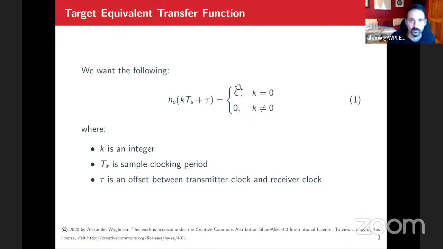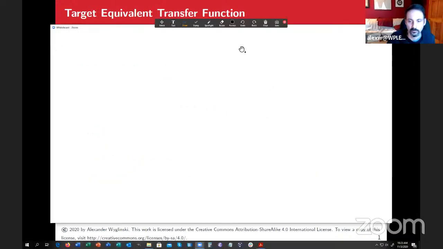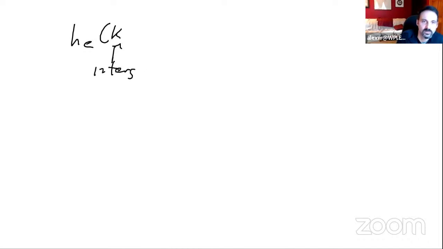Let's go back to the whiteboard. So what does this mean? At h-equivalent, k is an integer index, and Ts is my symbol period.